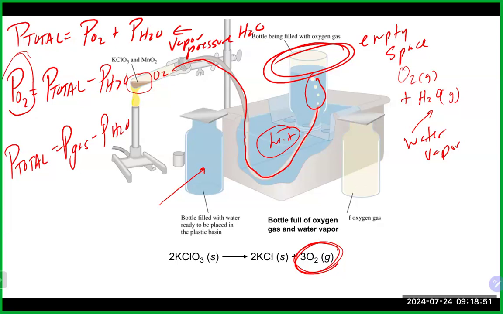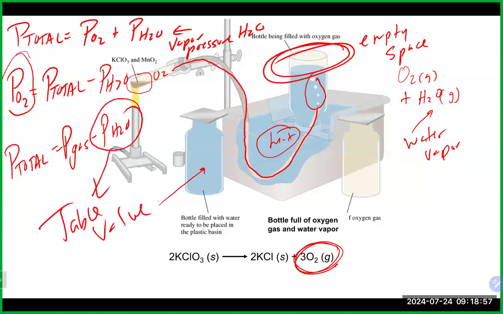The good news is the vapor pressure of water is typically a table value. So you just go to a table, look up the temperature, and it'll give you the vapor pressure of water, and then you can subtract it off and get what you need. Any questions on that? So that's a very common situation that occurs. And there are some keywords that tell you it's this type of situation when you read a problem.